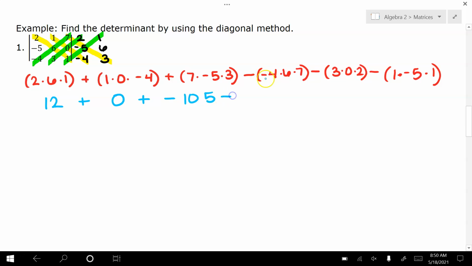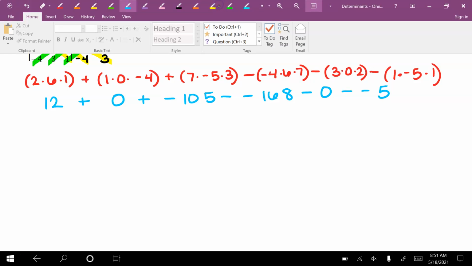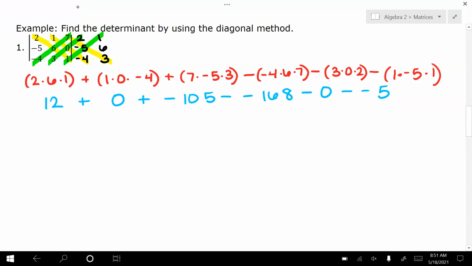Then we have minus, and in here you have -4 times 6 times 7, which is -168. Then minus 0, because again we're multiplying by 0 with that 3 and that 2. And then the last one here, we have minus a negative 5.